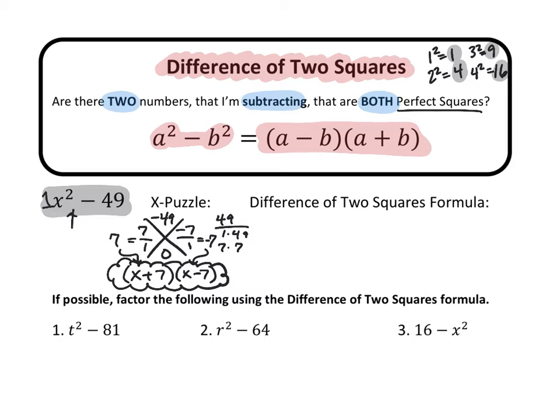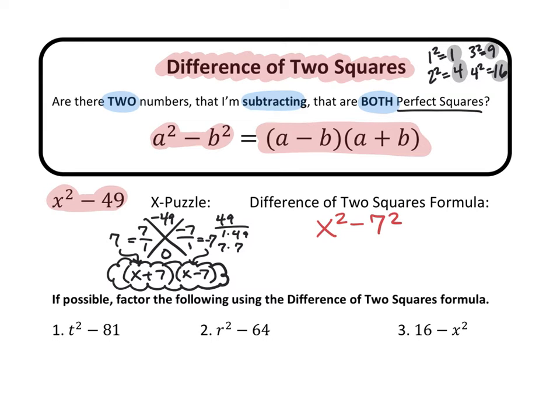polynomial. However, if you notice that this is actually a difference of two squares, meaning that you have two things that you're subtracting and they're both perfect squares, we can make this way simpler. Do you recognize that x squared minus 49 is the same as x squared minus 7 squared?